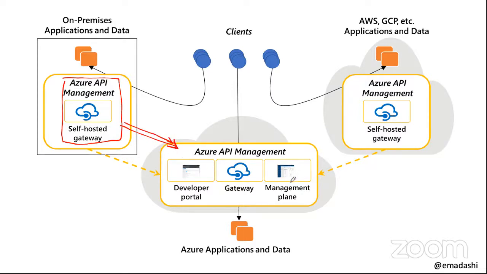This way, in the management plane, you can see the gateway listed in the portal, and you can do all the changes that you'd like to do, and the policies and the configurations will be pulled 10 seconds later, or maybe less.